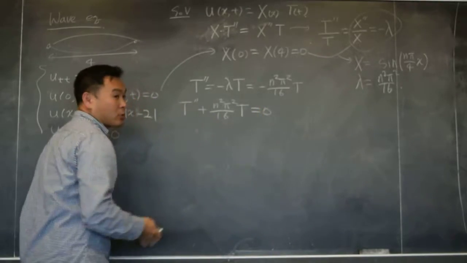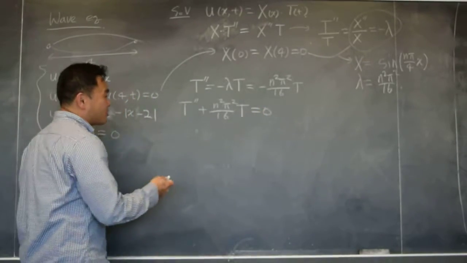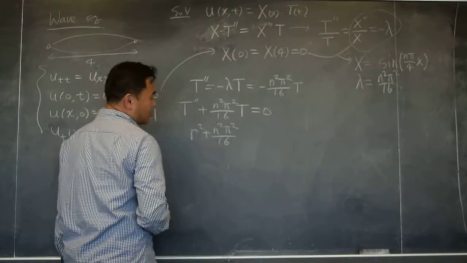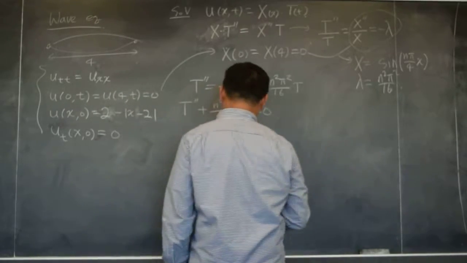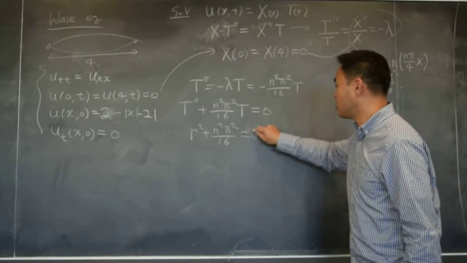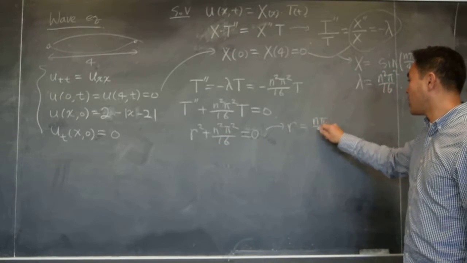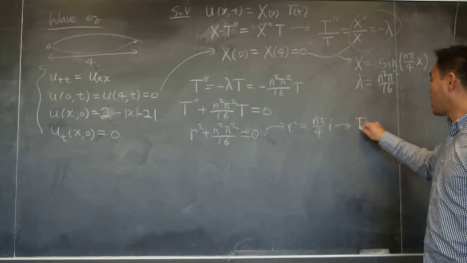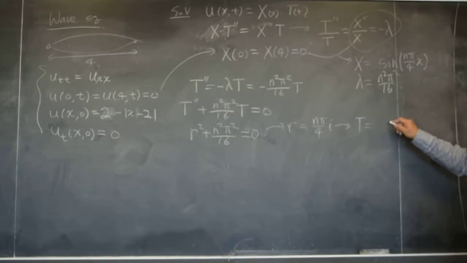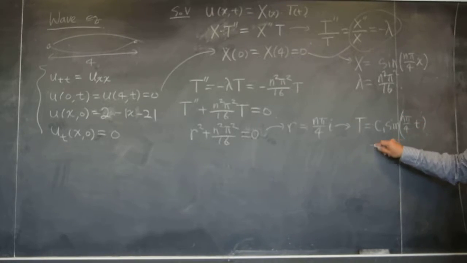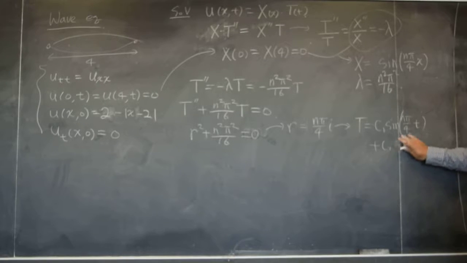And this is a second order equation, so it requires a characteristic equation r squared plus n squared pi squared over 16 equals 0. It gives you two imaginary solutions, r equals plus or minus n pi over 4 i. So that gives you T equal to either c1 sine of n pi over 4 t, or c2 cosine of n pi over 4 t.